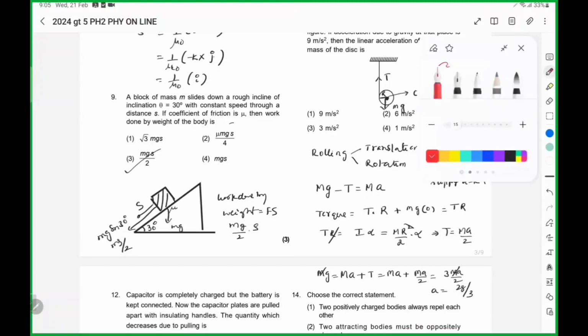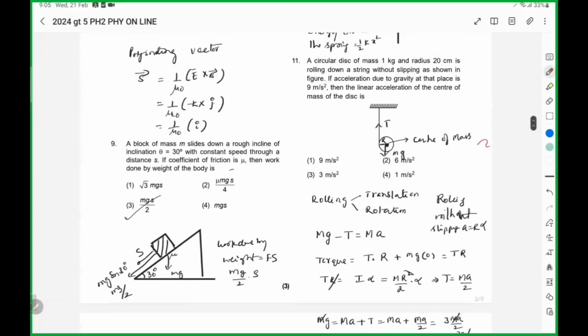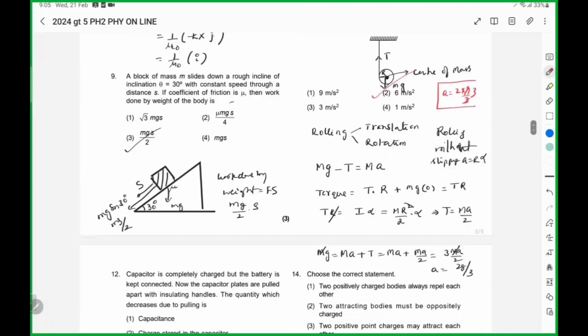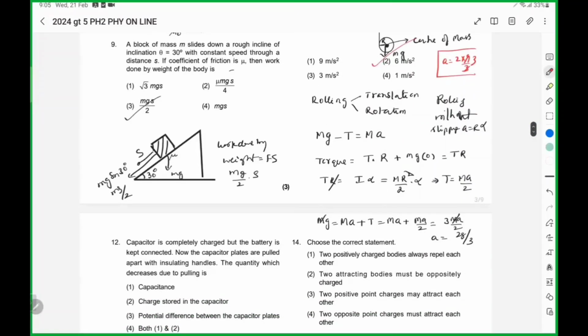We are given g as 9, so acceleration is 6 meter per second squared. We can answer this question in another way. Over an inclined plane, acceleration is g sine theta by 1 plus k square by r square.